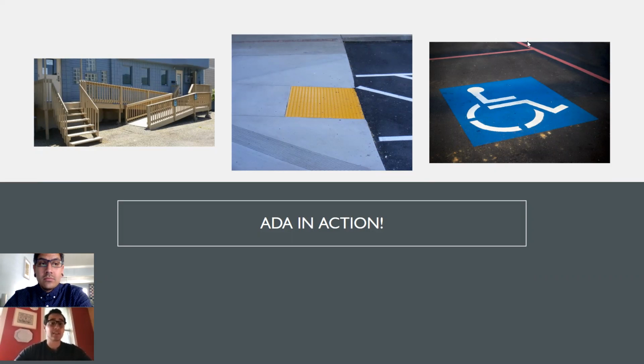And then everybody is familiar with this sign right here, this blue sign that looks like a person in a wheelchair. We all know we can find this in almost every parking lot you have been to. Grocery stores, you name it, it's law that we have handicap parking for people who don't have to walk so far to get where they need to be. So this is all an example of ADA in action.